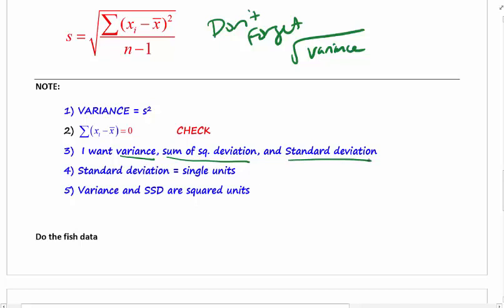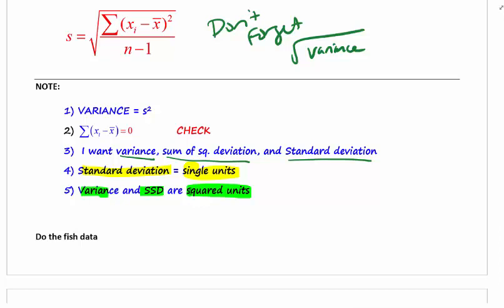The standard deviation, remember, we squared something, but we took the square root. So the standard deviation is always single units. The variance and the sum of square deviations, we haven't taken the square root yet, so they are squared units. We are now going to do our fish data to do this problem.